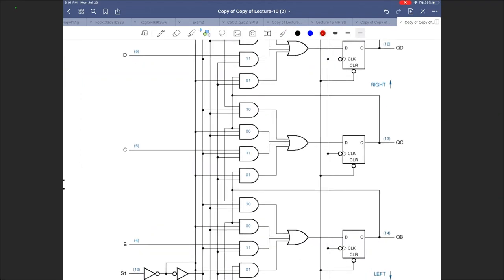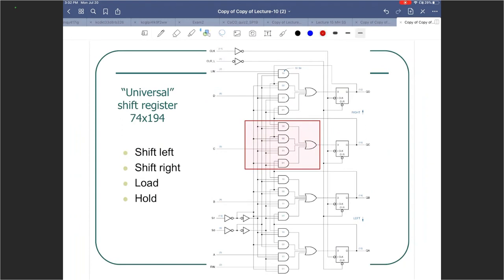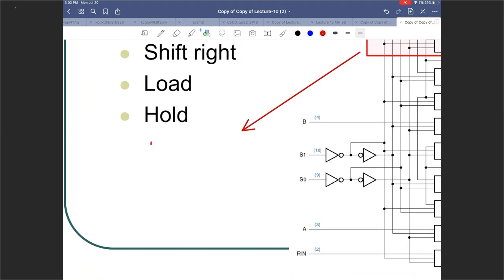So I'm trying to sketch a red box. All right. My claim is that the red box is a 4:1 mux. And I'm going to take that over here and try to sketch it out in detail. Output, I need 4 inputs here, obviously.